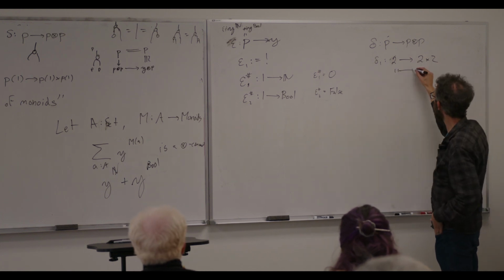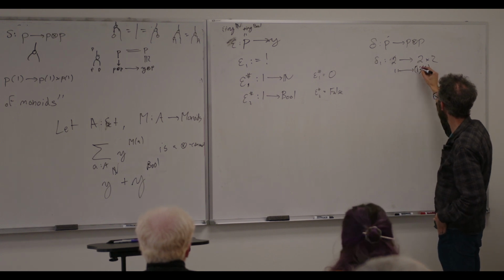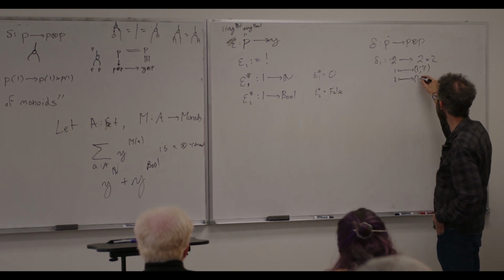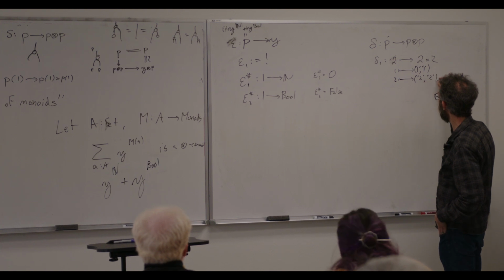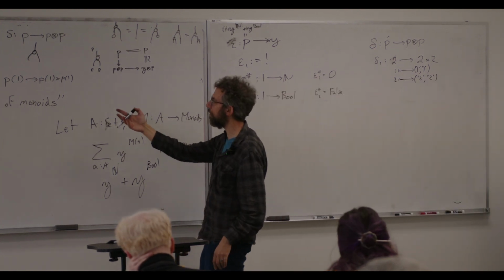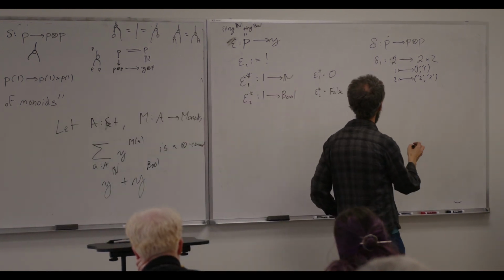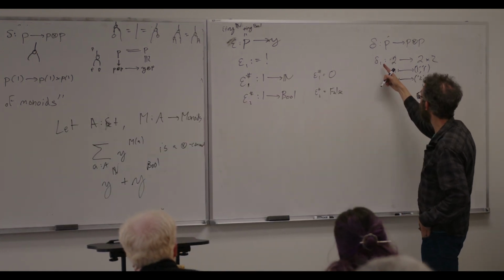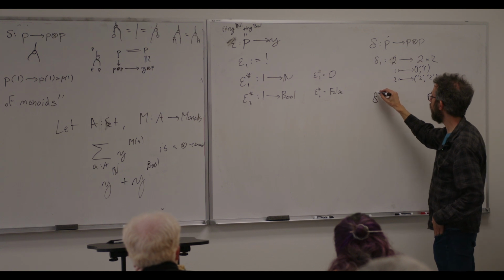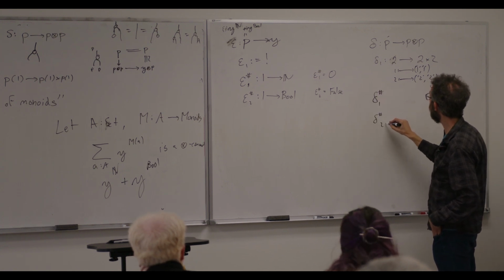So we send 1 to 1, 1, and we send 2 to 2, 2, because we know that on positions this has to just be diagonal. Okay, so this is the component of delta at 1, and then delta sharp 1 and delta sharp 2.